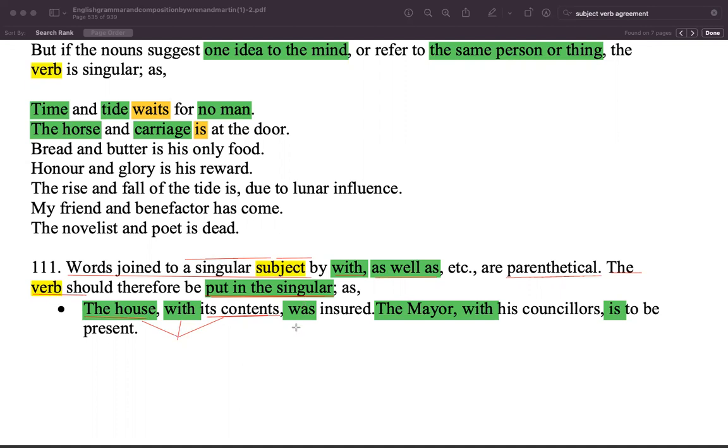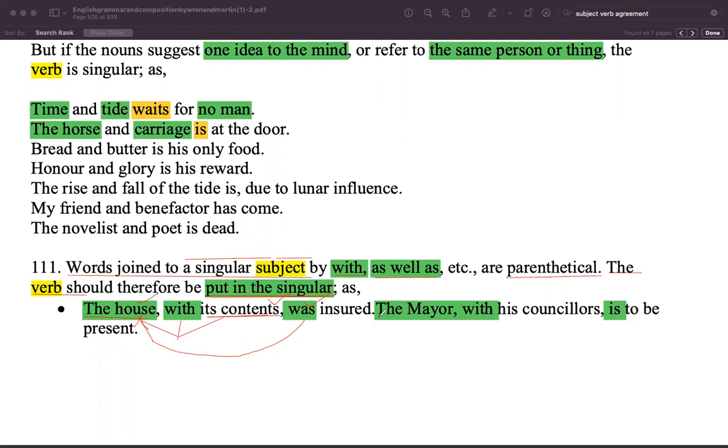So the verb will always follow the first part, not the second part. The house with its contents: contents is plural, but the verb follows the first part, which is singular, so the verb is also singular. The house with its contents was insured.